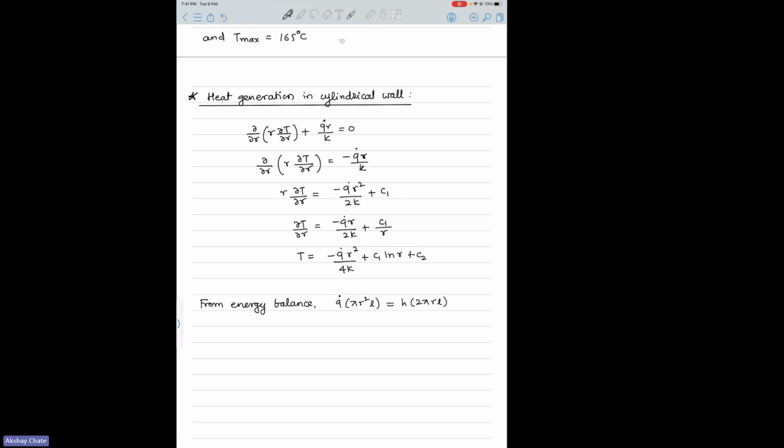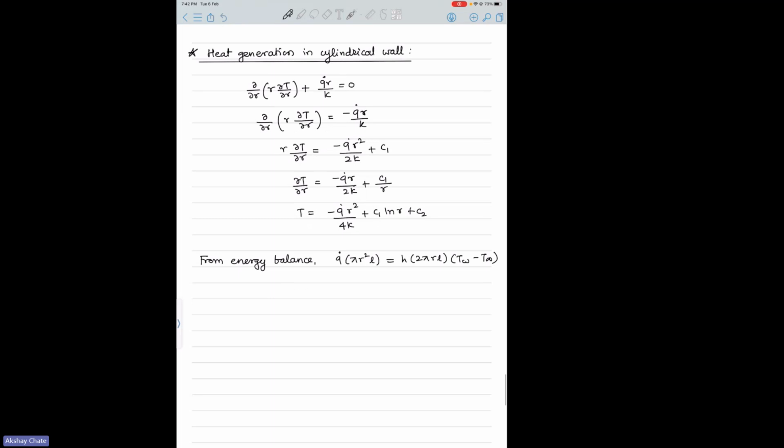So the area is 2 pi r L, times the wall temperature minus the ambient temperature. So in some problems you need this also. If you simplify this, you get Q dot R by 2H plus T infinity is equal to the wall temperature.